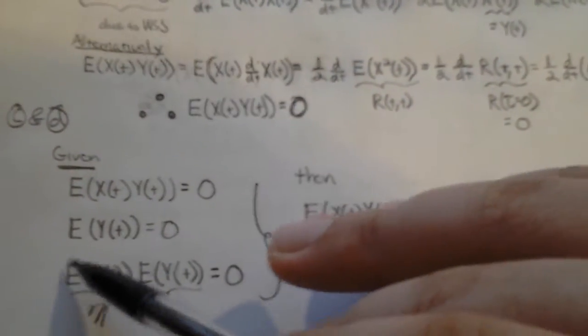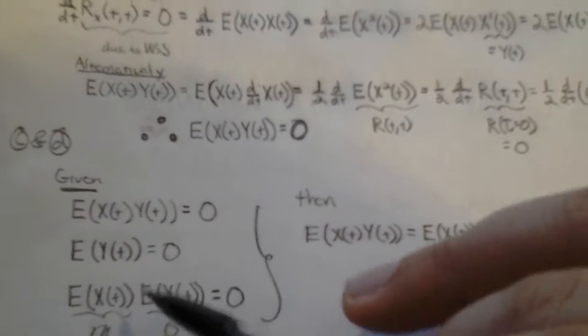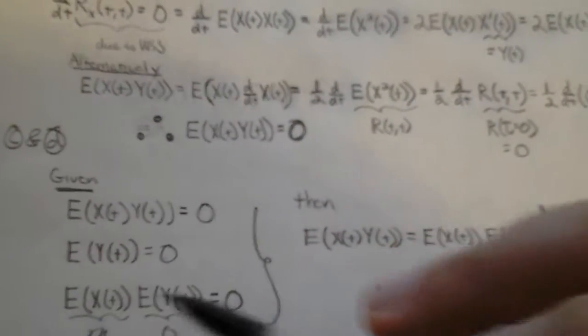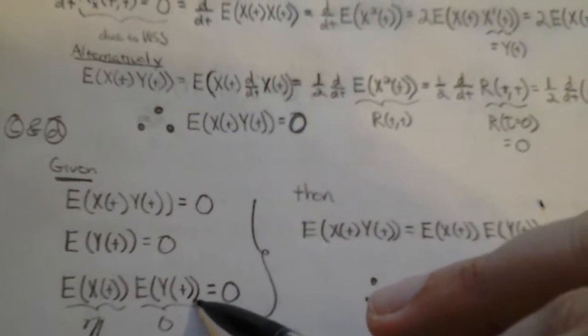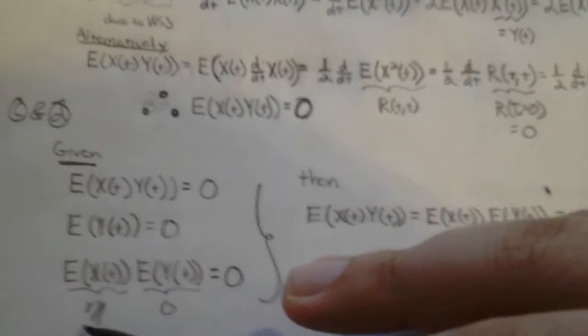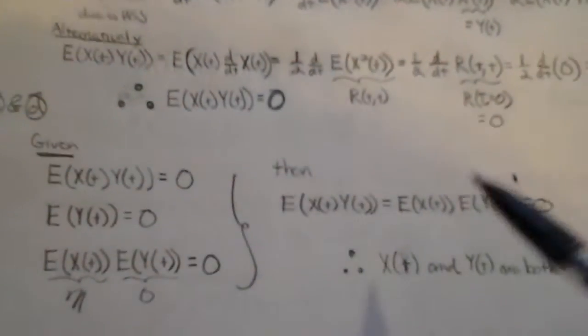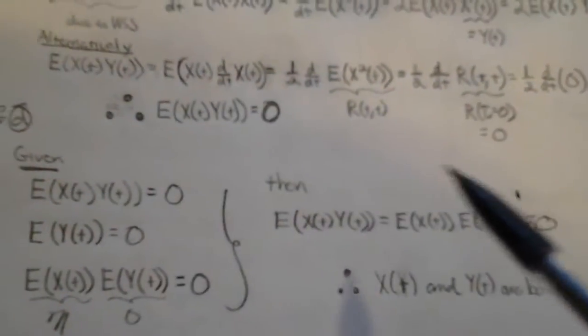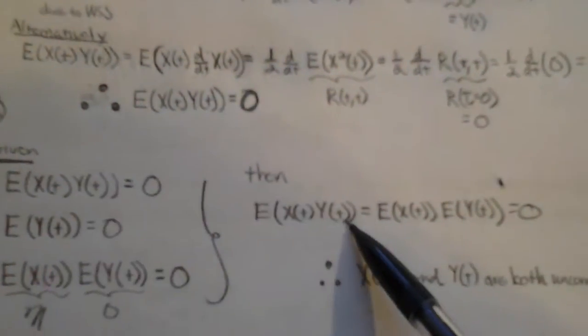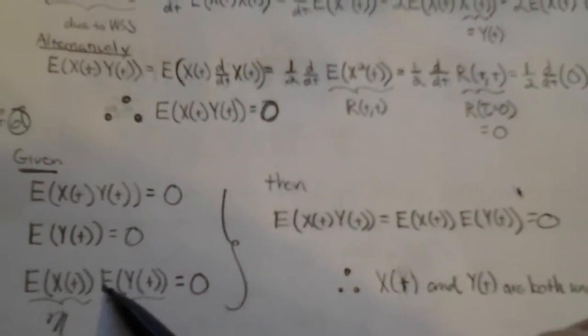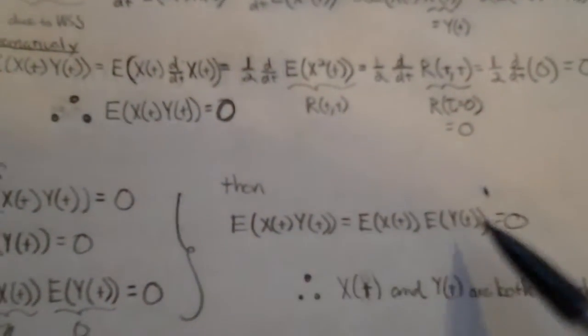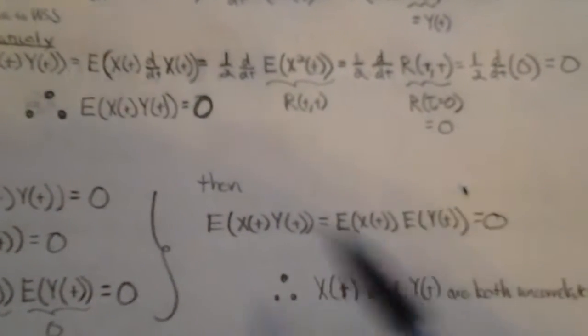If we multiply the expected values of each of our variables, this by definition is equal to n times 0, which is 0. So if we combine all this information, what we're seeing is that this, which is equal to 0, is also equal to this. All of this is equal to 0.